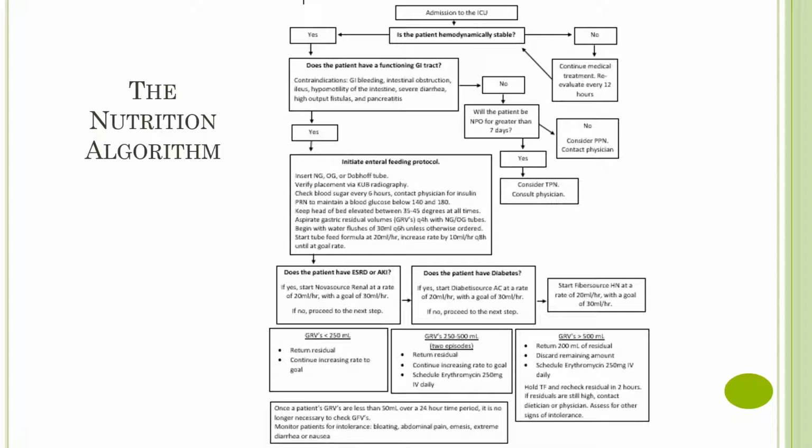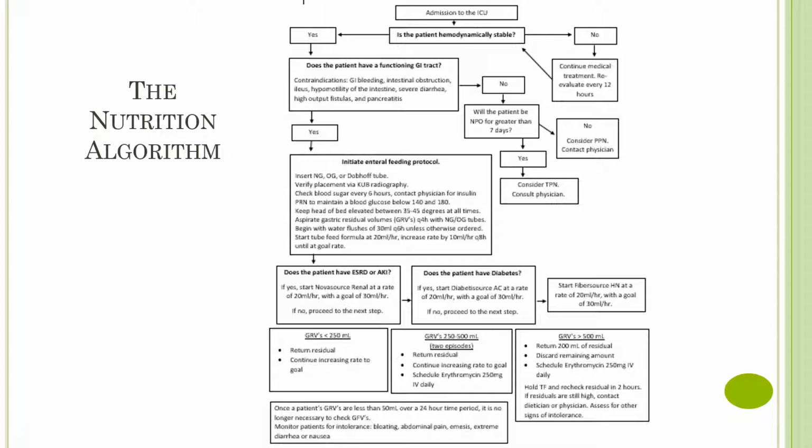But it goes on, if that is a no at that point, then will they be NPO greater than 7 days or less than 7 days, and you will consult a physician to get either a TPN or a PPN order. But if the patient does have a functioning GI tract, then we would go to initiate the enteral feeding protocol.